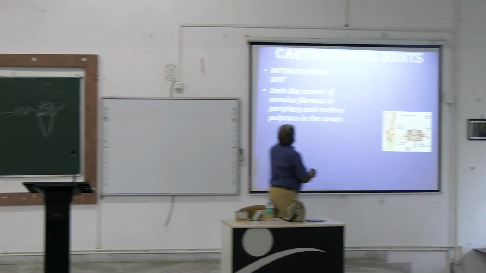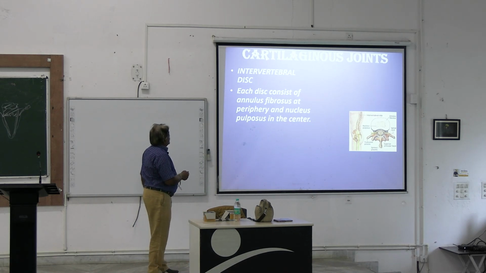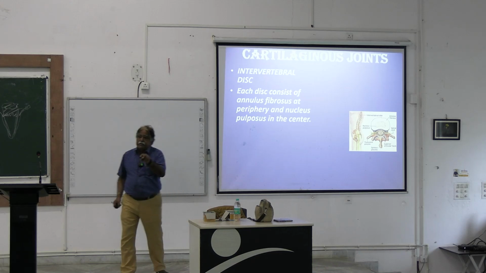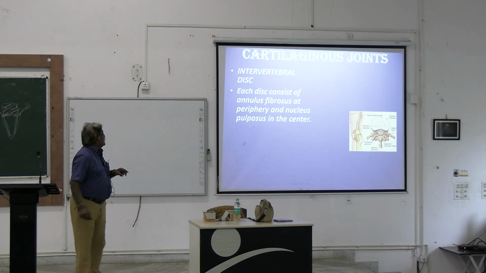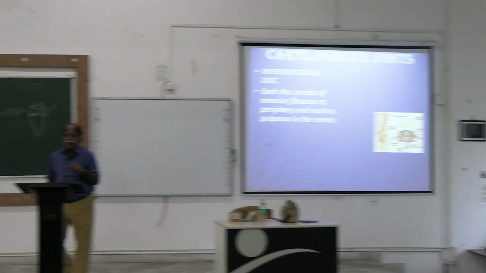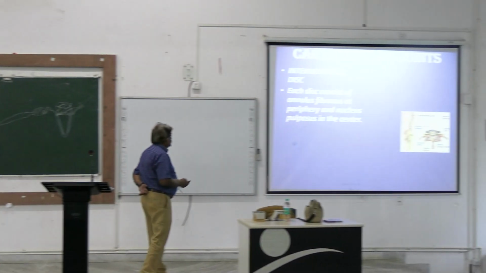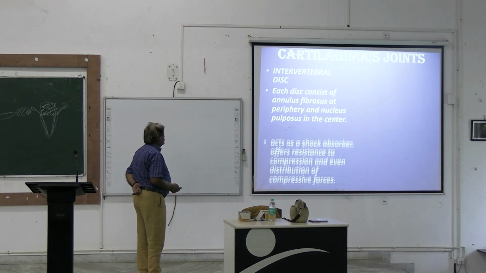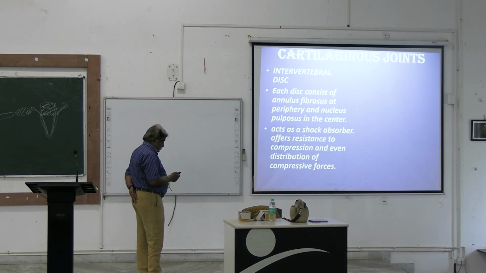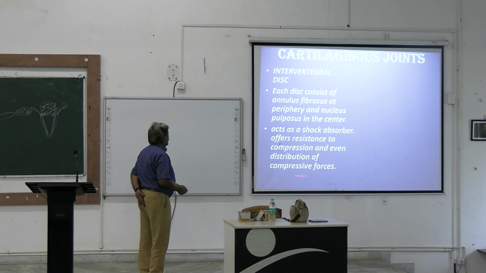The annulus fibrosus is like a ring in the periphery. It acts as a shock absorber, offers resistance to compression and even distribution of compressive forces.